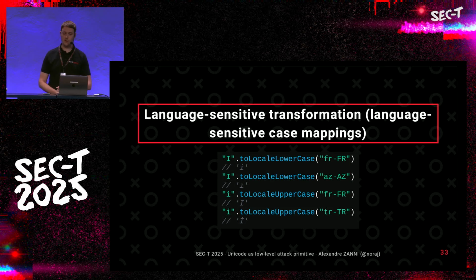And also with regional settings: if I use a French locale and I lowercase an uppercase I, I will get a normal lowercase i. But if I do the same with the Azeri locale, I will get a dotless i, which is not the same character. So the output will depend on your locale.